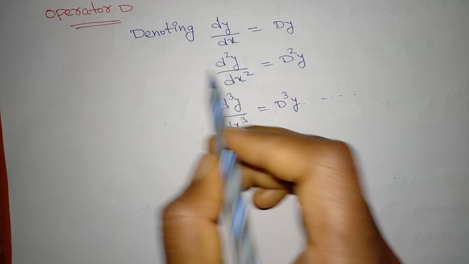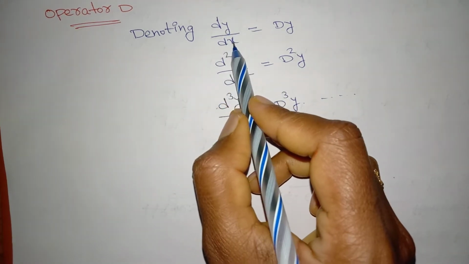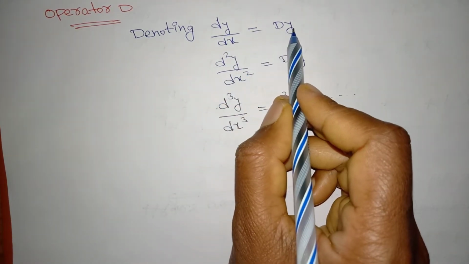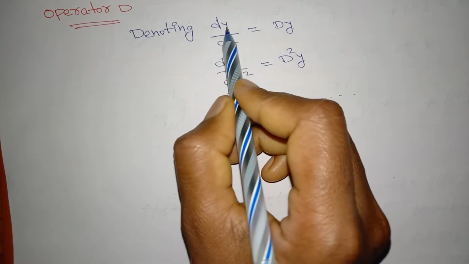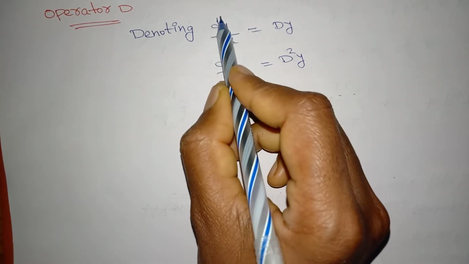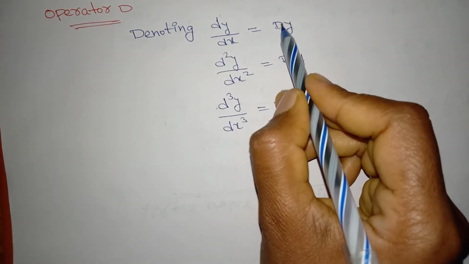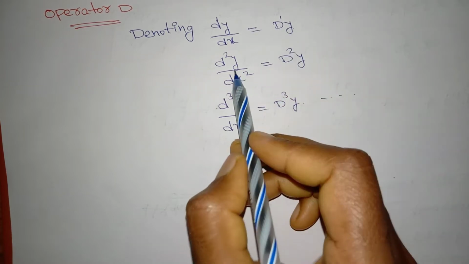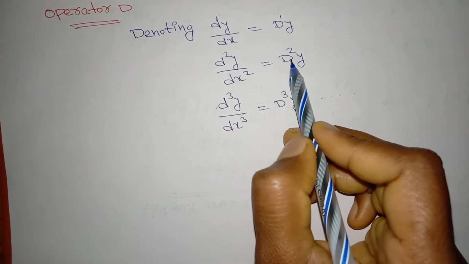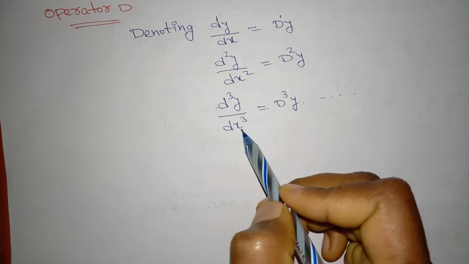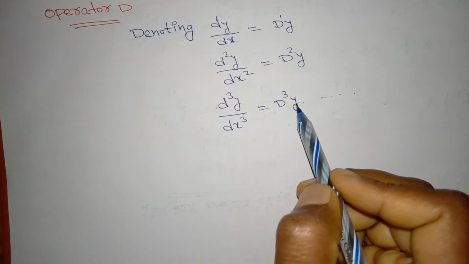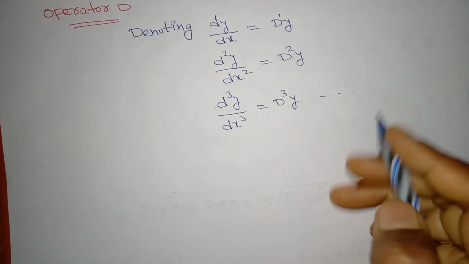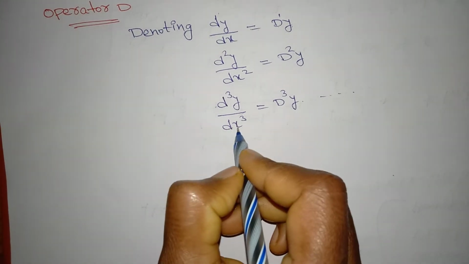I am taking dy by dx as D into y. We have differentiated y with respect to x once, so I have taken D^1 into y, and d^2 y by dx^2 is D^2 y, d^3 y by dx^3 as D^3 y, and so on.